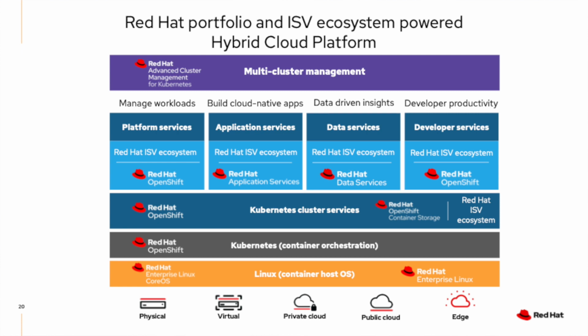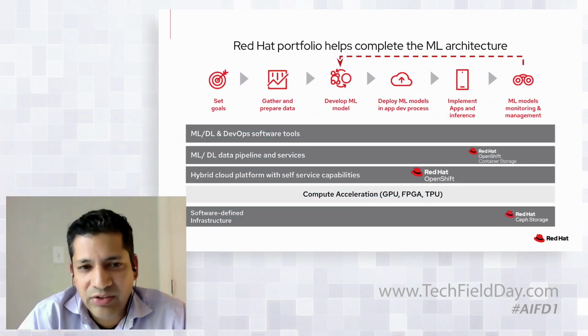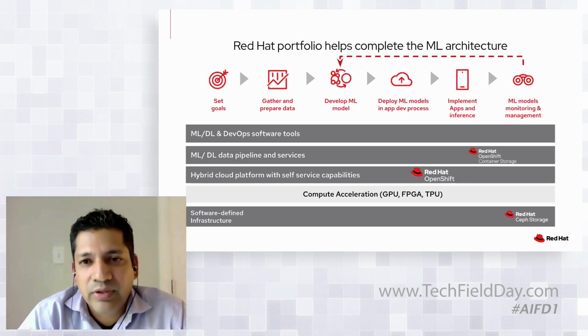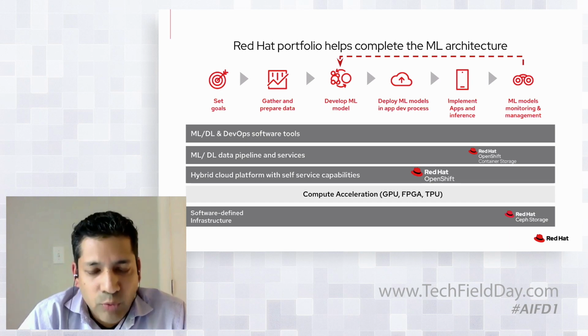Now, coming back to the picture that Tushar shared a few minutes back, where do all these pieces fit from the perspective of a conceptual machine learning architecture? Clearly, OpenShift is that hybrid cloud platform with self-service capabilities.